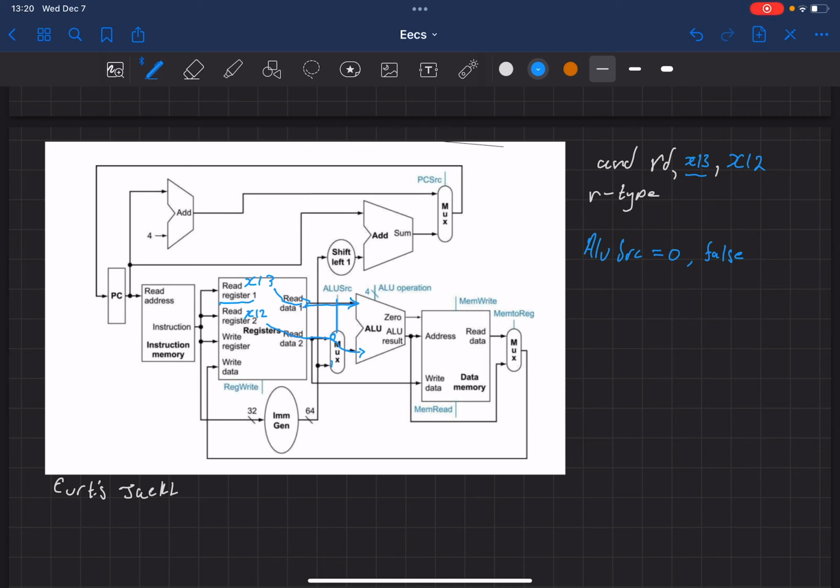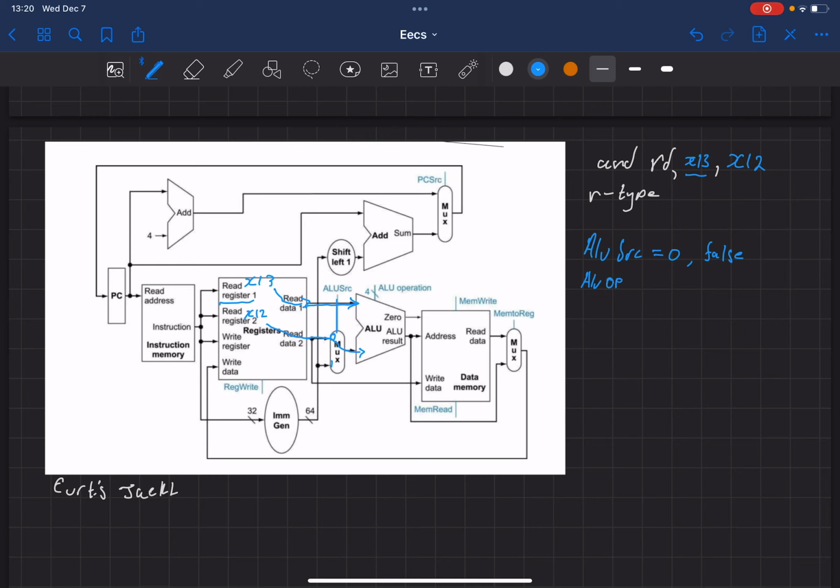Okay, so let's go forward. ALU operation, because we have another blue signal, and then we have this 4 with the strike. So there's going to be 4 bits from the control unit going into this ALU. We know that there are 4 options.